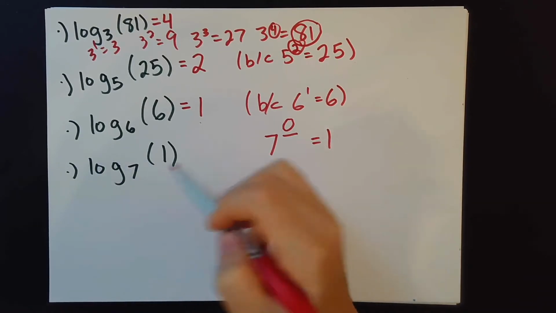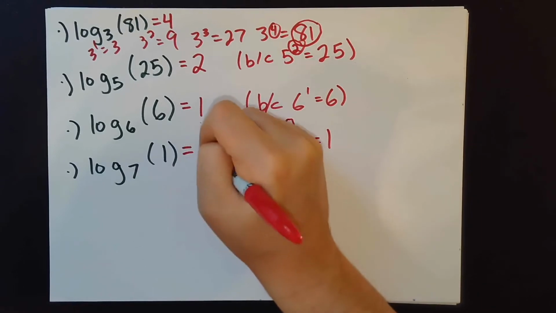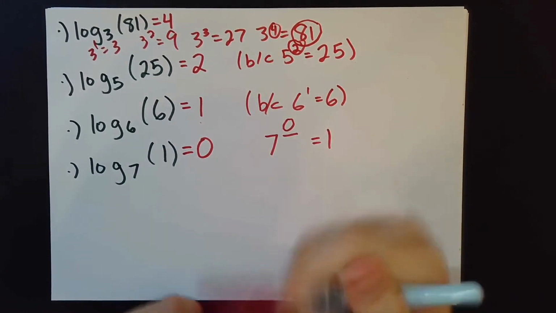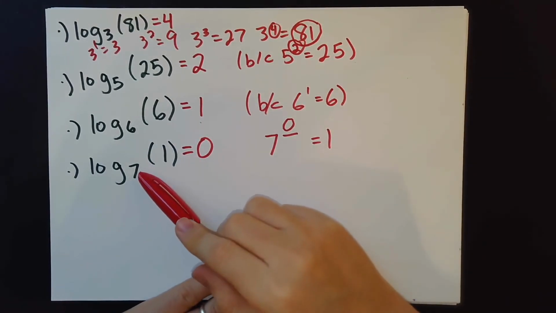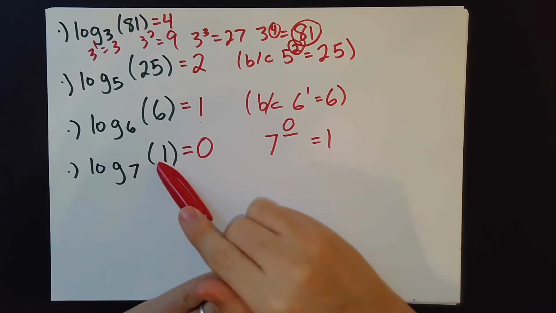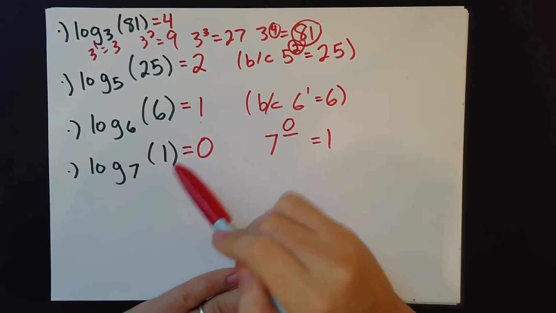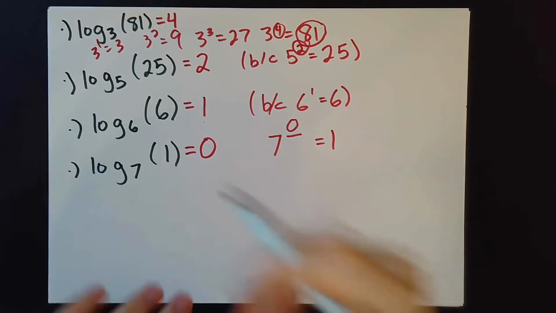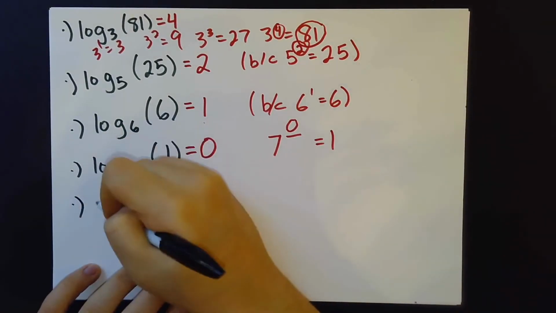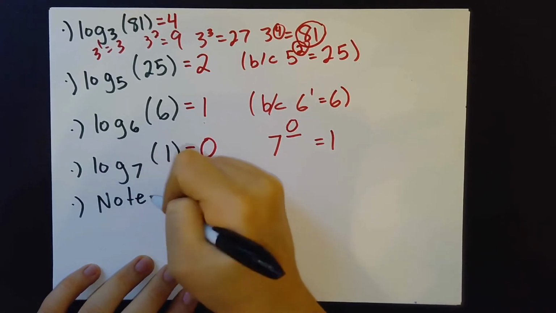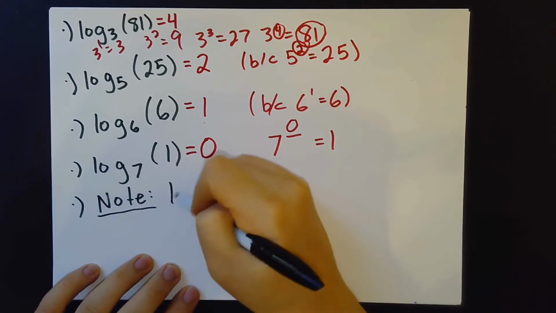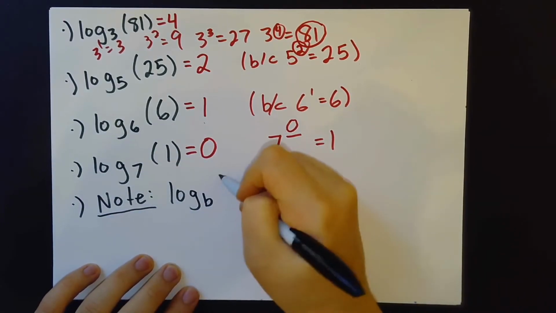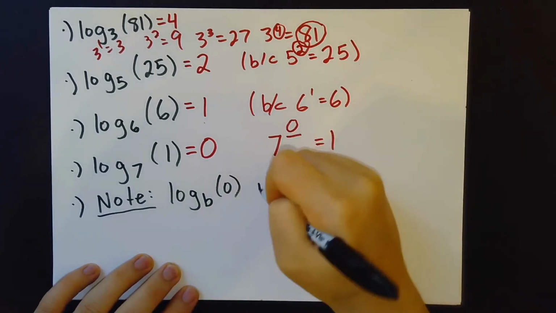It is the 0th power. Likewise, again, this 7 had no significance. The log base 2 of 1 would also be 0. The log base 100 of 1 would also be 0. Special note, if I try and take the log base b of 0, this is always undefined.